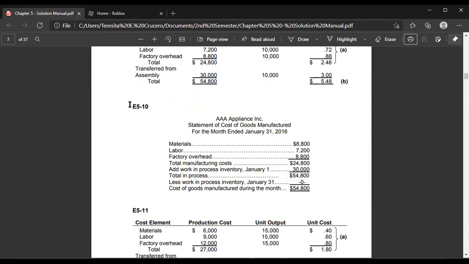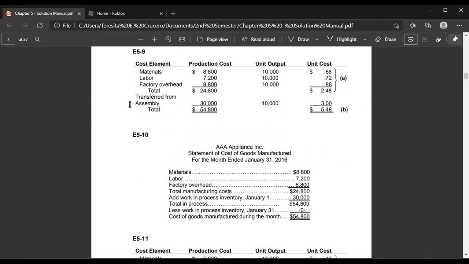So we now begin with materials given at 8,800, and then labor 7,200, factory overhead 8,800, total manufacturing cost 24,800. We add the work from the first department of 30,000, the total work cost of 54,800. No ending inventory, so the cost of goods manufactured is 54,800.